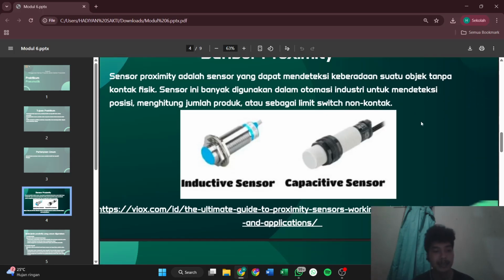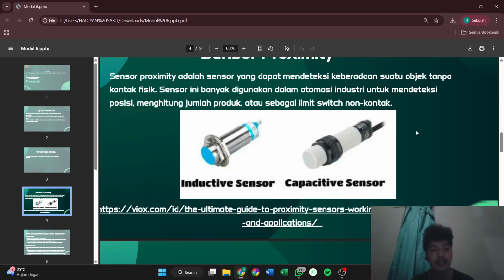The second type is the capacitive proximity sensor. Unlike the inductive type, this sensor can detect both metal and non-metal objects such as plastic, wood, glass, and even liquid.